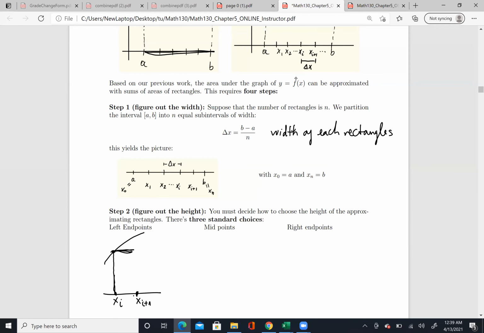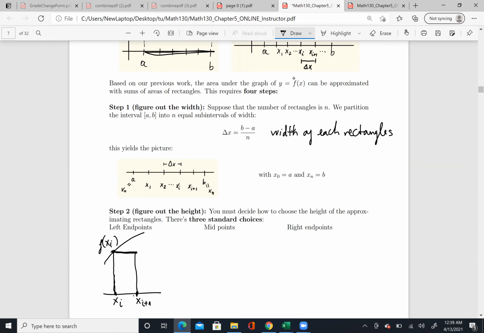So this f of xi is going to be the height.